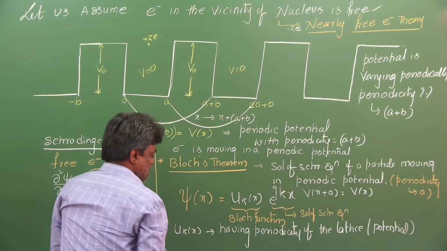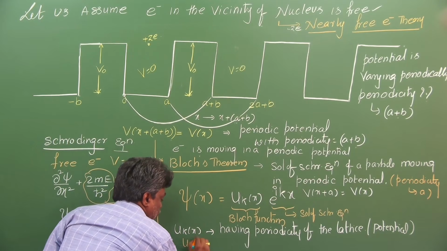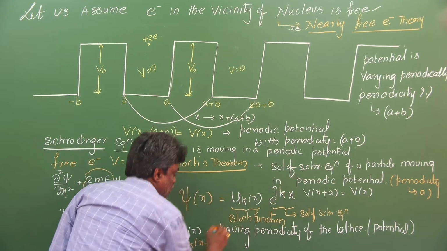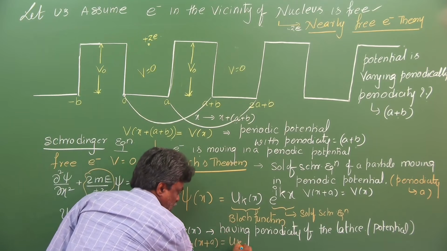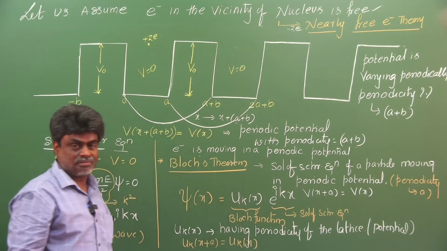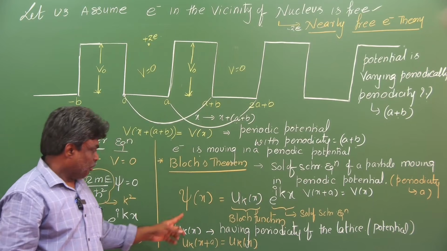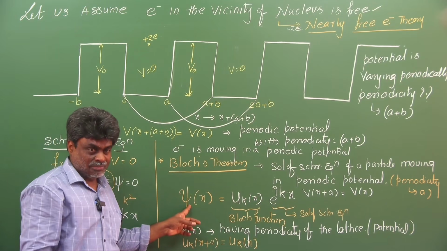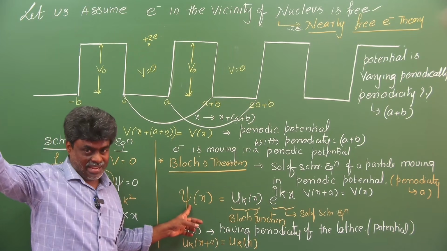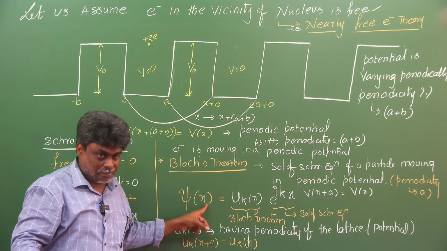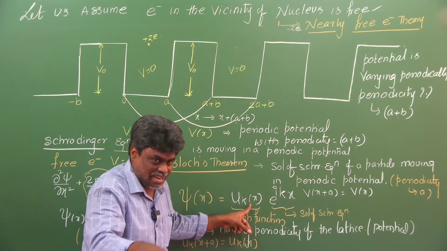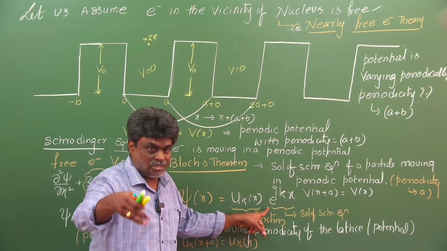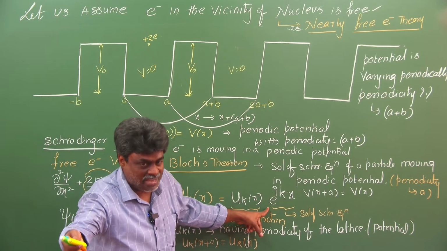So that means if you substitute uk, what is the periodicity you have taken? a. uk of x plus a equal to uk of x. So if you want to find the solution after a, that means ψ of x plus a equal to uk of x plus a into e raised to i k (x plus a).